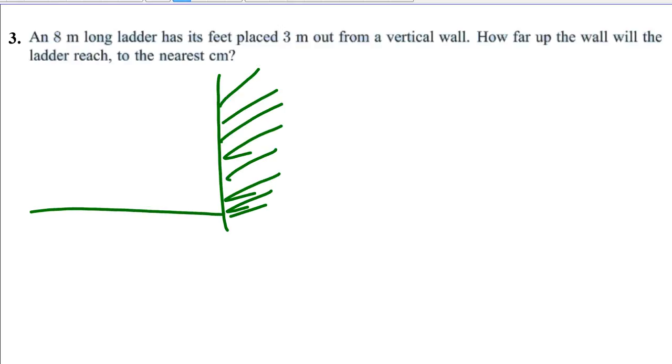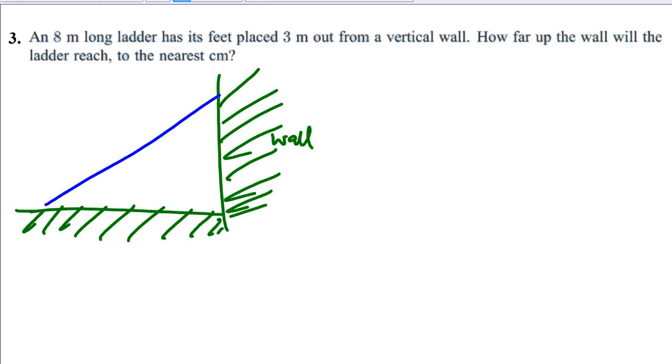So if this is the wall and this is the ground, and we have our ladder placed against the wall, try to make that more straight, and then of course the wall and the ground should be perpendicular.